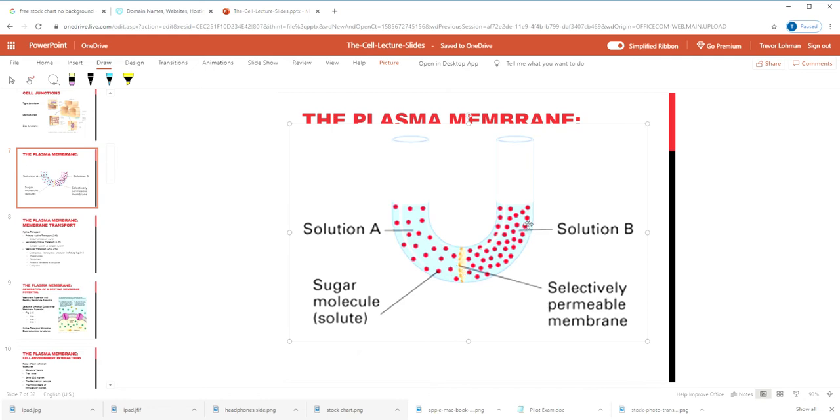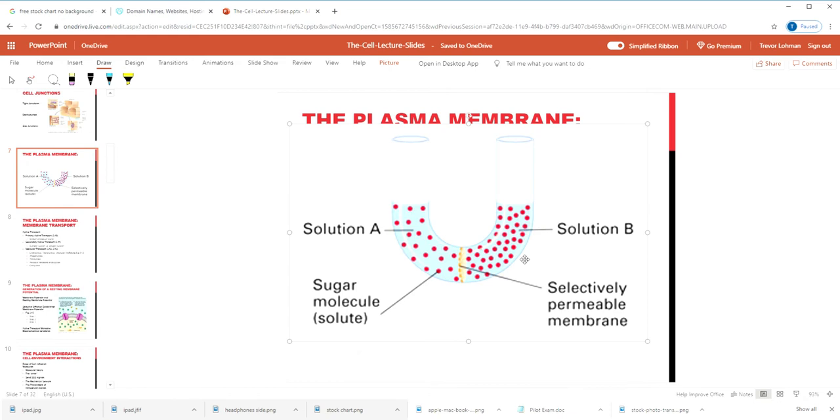Assuming that these solutes, these red dots, in this case sugar, can pass freely through that membrane, it's more highly concentrated on the right, so we would expect those molecules to diffuse to the left, until eventually there's the same concentration of sugar in the water on the left and the right.